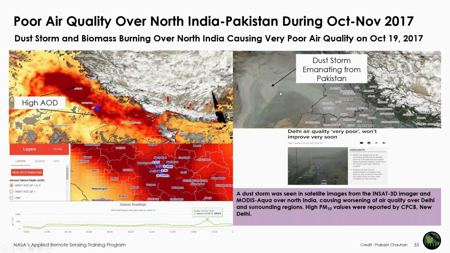And from MODIS also there is an observation of dust, which you can see traveling and coming into the Indian region, and then subsequently the capital region of India and the northern part of the Indo-Gangetic plain, as we call it, is also getting highly affected by aerosol distribution. And this is the ground measurement. You can see that the ground level particulate matter from almost 100-150 microgram per meter cube is rising up to almost 700 microgram per meter cube.